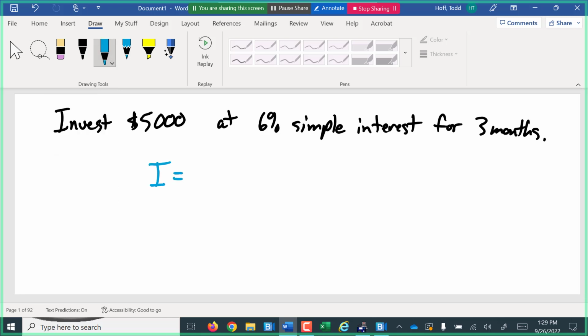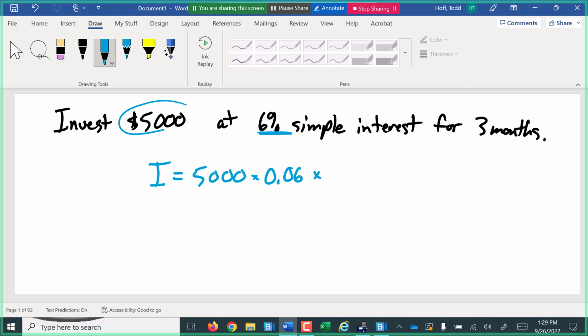What's our principal here? 6% will be the rate. Yep. What's the principal going to be? 5,000. Good. Then, of course, the 6% as a rate will be 0.06.